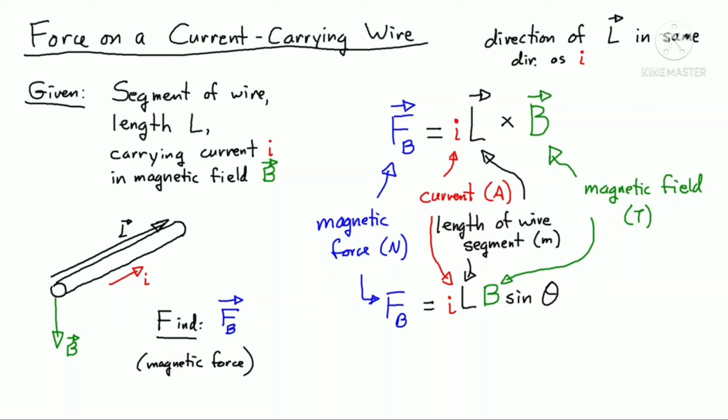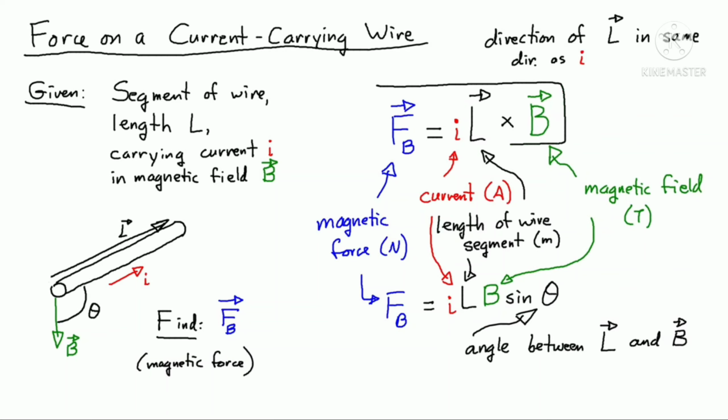The only new thing if we use the second equation is that we have to think about what the angle theta is, and theta is the angle between vectors L and B. You can use either of these expressions depending on your preference. I'm not going to go into the proof for this right now. It's not a very difficult proof, but I don't want to take up your time with that.